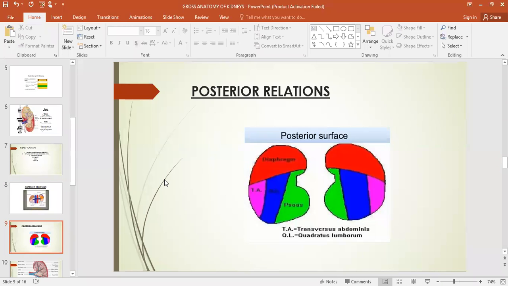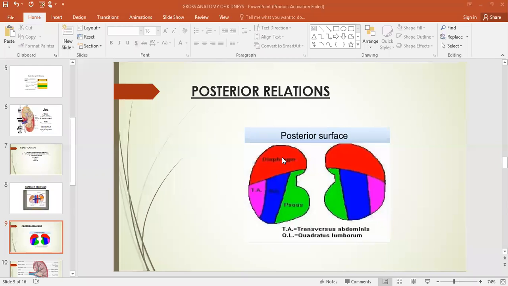Then we come to the posterior relations. This is the diaphragmatic area.